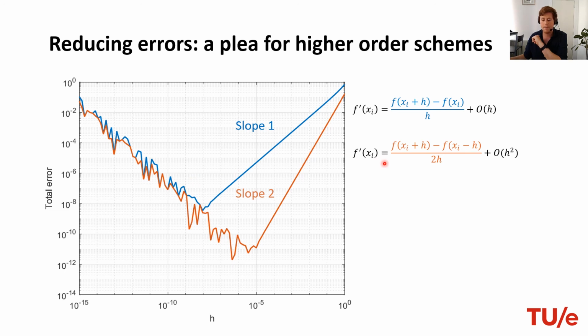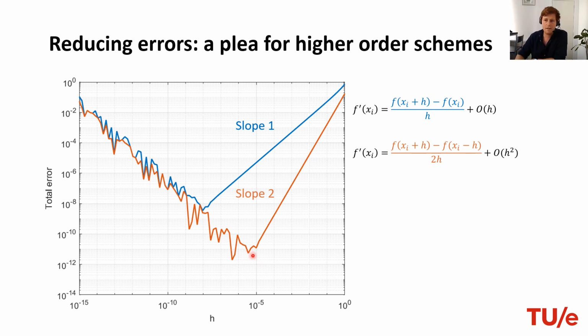And you can make a similar analysis for this central difference scheme, and also you will find that this has some kind of form times epsilon over h, and that's where this slope of -1 comes from. We see here that for the second order scheme, the minimum error is around 10 to the power minus 11, 10 to the power minus 12.